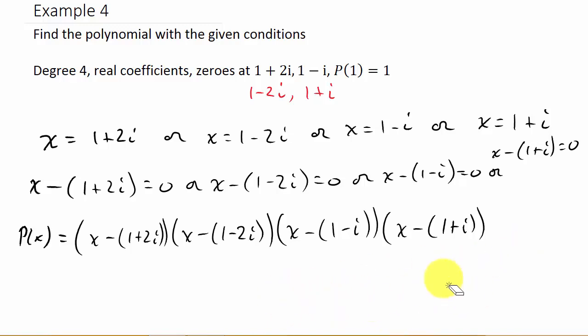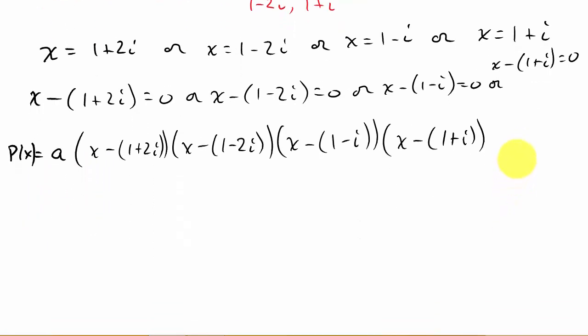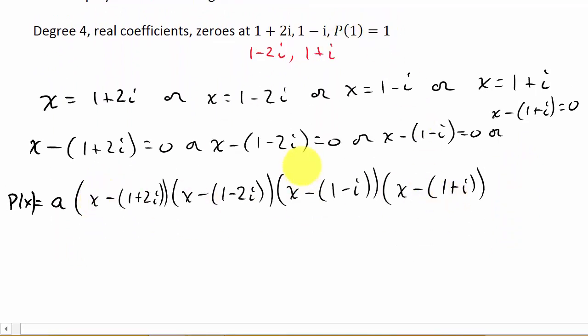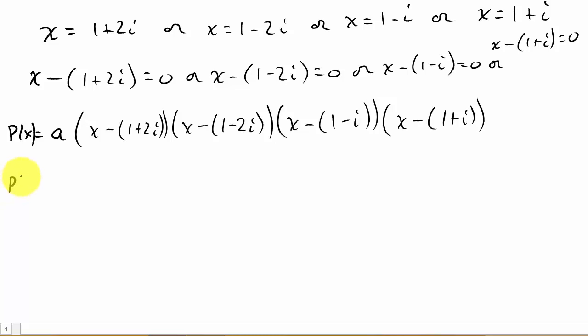So that's why I'm going to multiply all of that by a. Now I'm going to plug 1 in for x. So I've got P of 1 equals a times, plugging the 1 in, and I'll distribute the negatives to get rid of the parentheses.